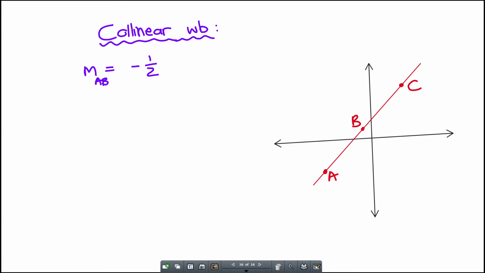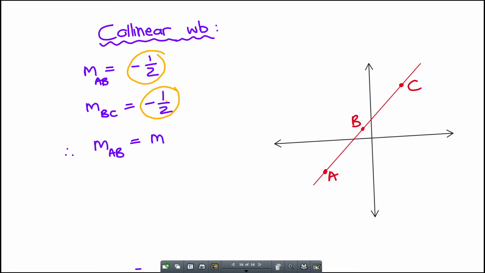Then they go work out the gradient of BC. And that also gave us minus 'n half. Nee. Is julle reg met daai? Okay, now, because we saw that both these gradients were minus 'n half, you must then say, therefore, the gradient of AB is gelyk aan die gradient van BC.